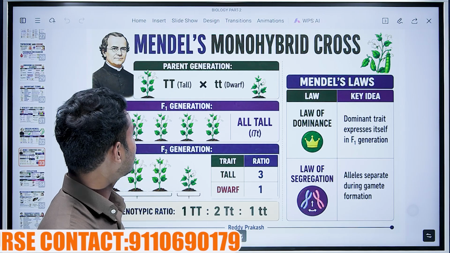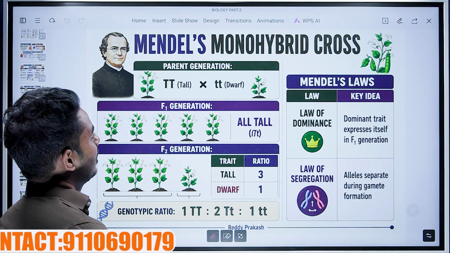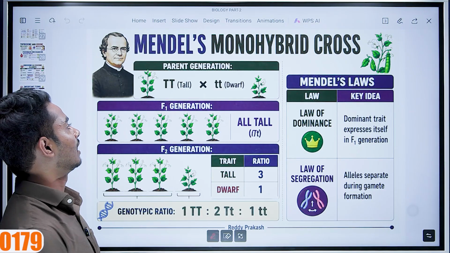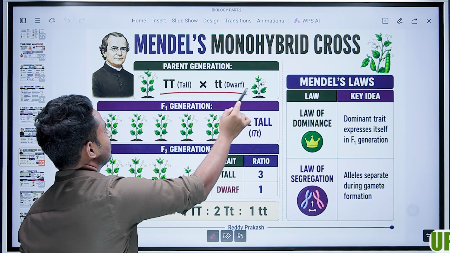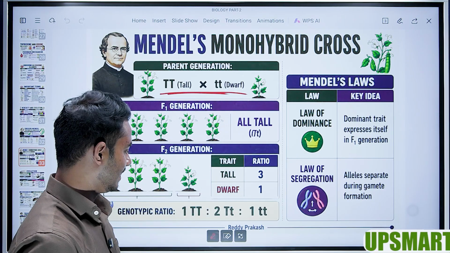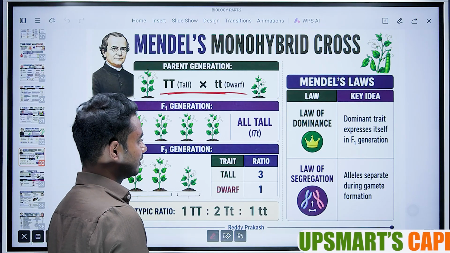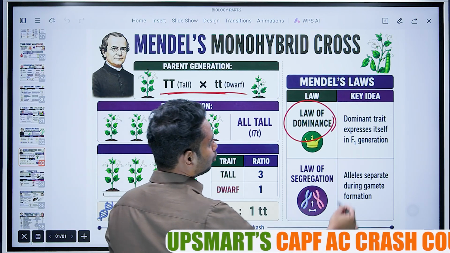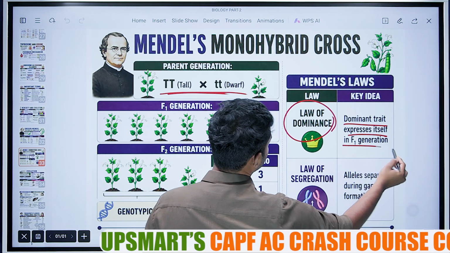Next is Mendel's monohybrid cross. He made a cross between monohybrids. Before explaining this, I'll tell you what the law of dominance is. Dominant traits express themselves in the F1 generation.